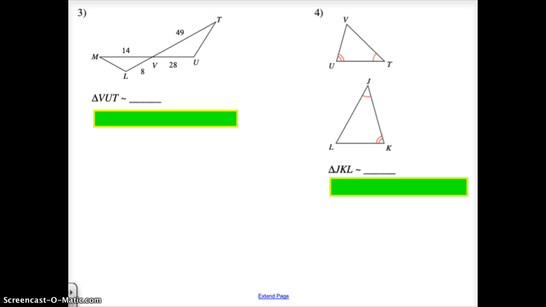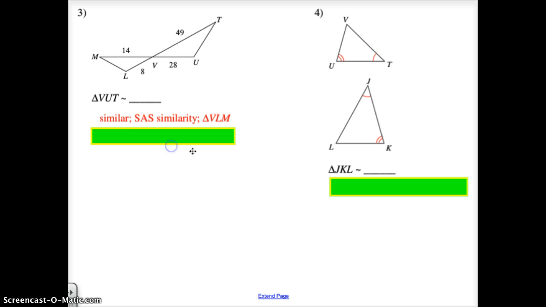Try one more. In question number 3, they are similar for side angle side with the vertical angles and then proportional sides MV and VU and LV and VU, MV and VT.